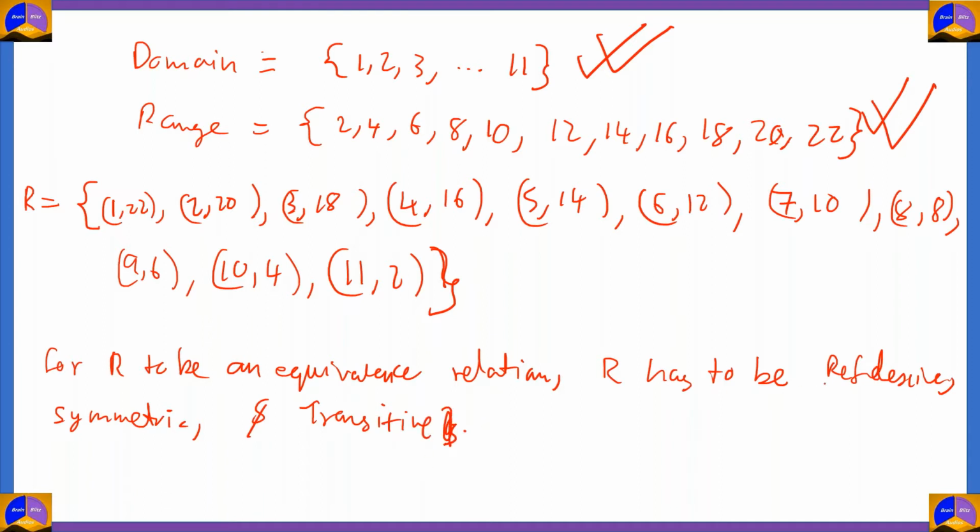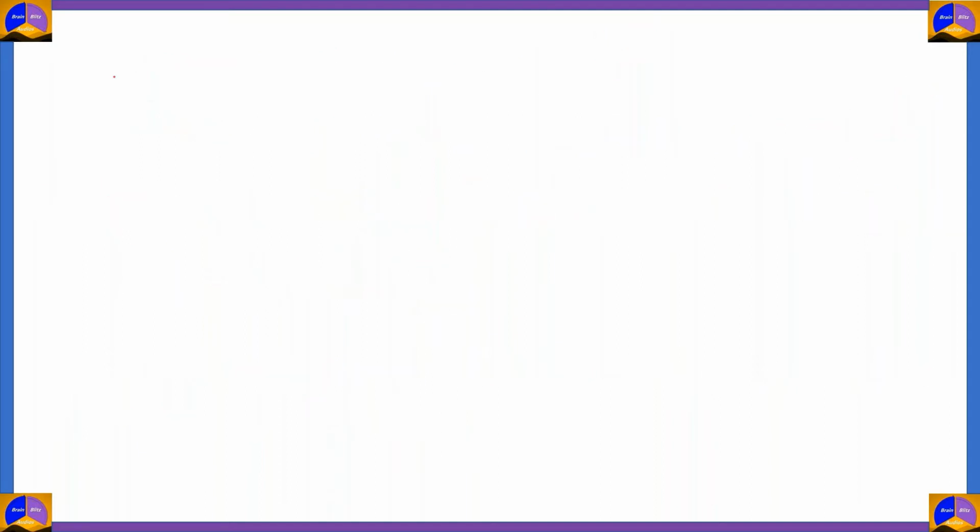So when R satisfies all of these three conditions, we can call R an equivalence relation. How do we solve this? Let's look at each condition one by one.